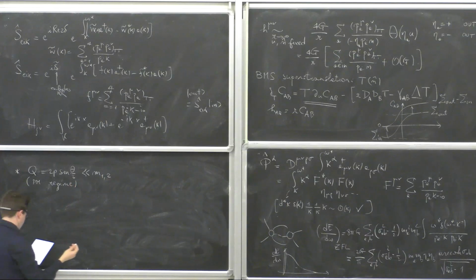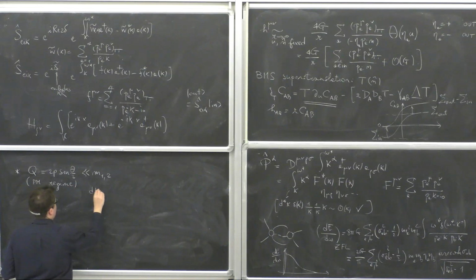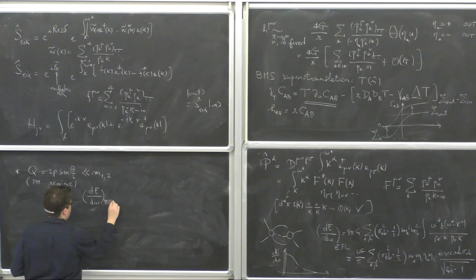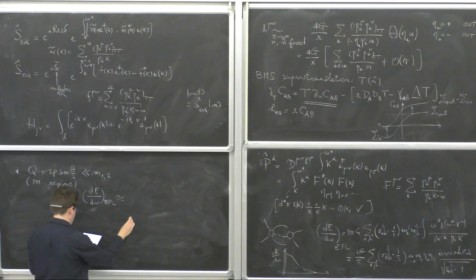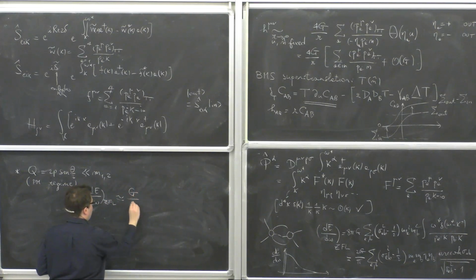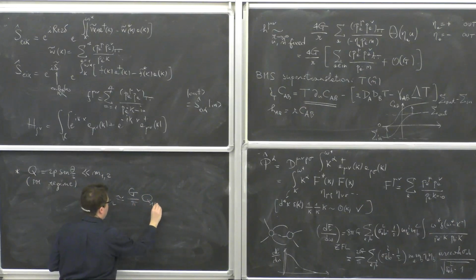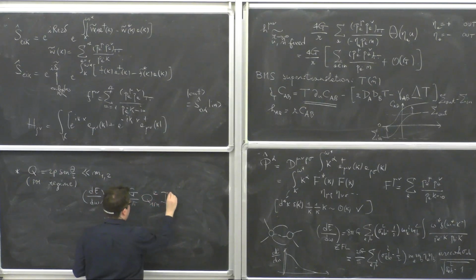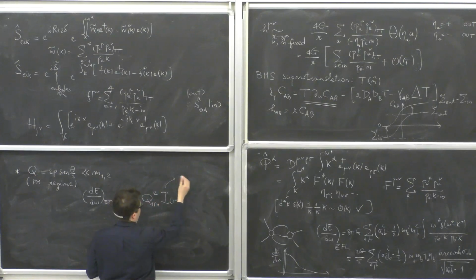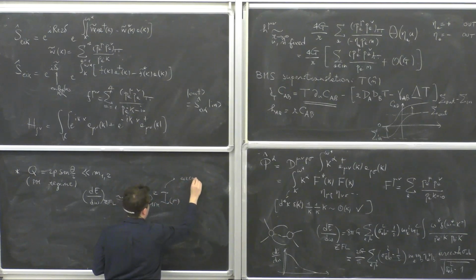Then, as I think I also wrote yesterday on the blackboard, we had this d over d omega, zero frequency limit of the spectrum. You can approximate it to leading order as g over pi, q1 pm squared, calligraphic I of sigma, which was a function that at some point, I think you have it in your notes, had an arc cosh of sigma.